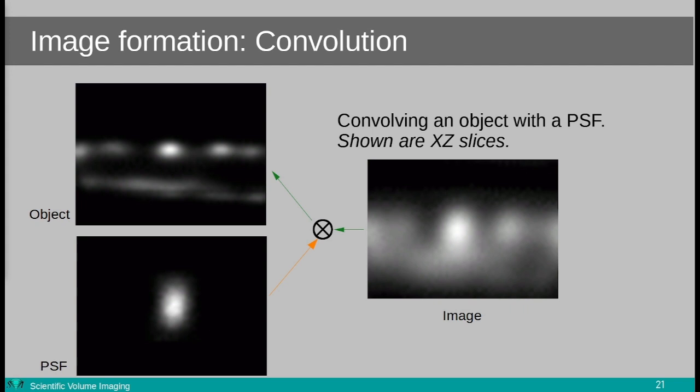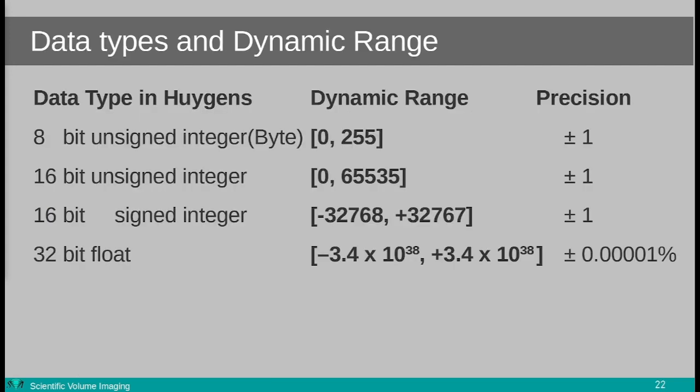So for the PSF, we need to use a different data type, one that can handle numbers with decimal notation. And computers deal with decimal numbers with so-called floating point numbers. These are decimal numbers that require 32 bits per pixel, which takes up twice as much memory and storage space as the 16-bit integer images.